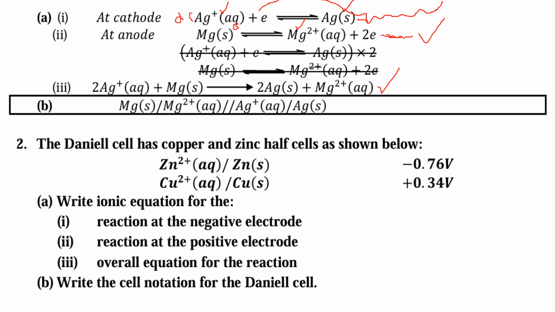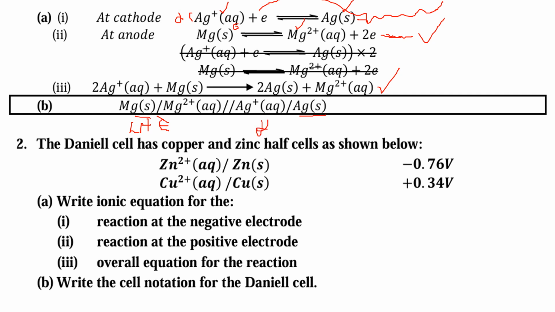Now for you to write a cell notation, just like we said, if you have a solid electrode, there is no need for you to write the platinum on either side. Here we had solid electrodes, so there was no need to put platinum on either side. On the left-hand side, which is owned by the anode, whatever you write must be in terms of oxidation.